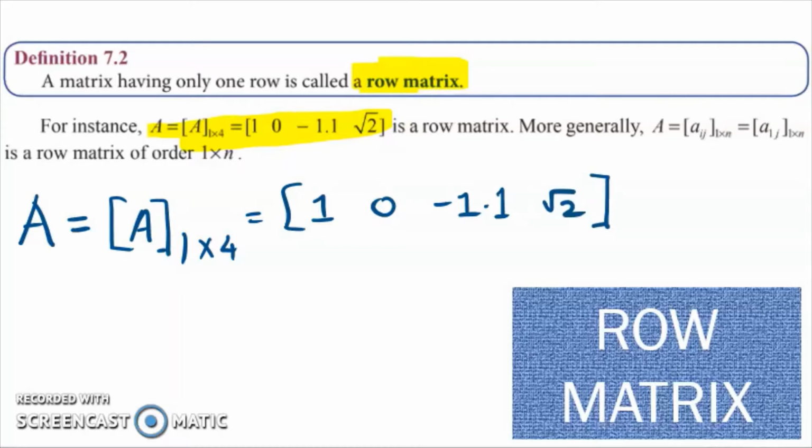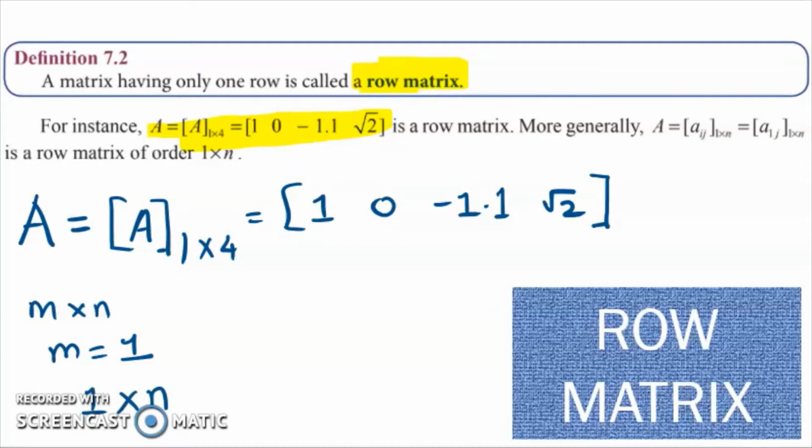So this is a matrix that has only one row. So when we describe our order m by n, the m will be equal to 1. So for a matrix which is a row matrix, the order would be always 1 times n.